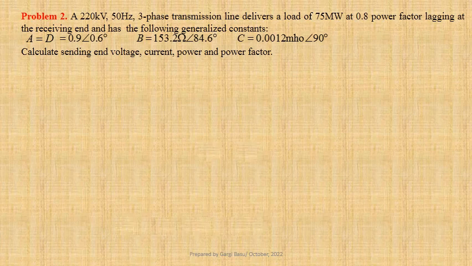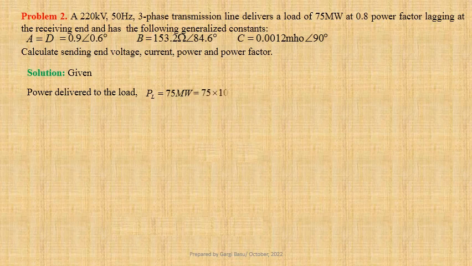Let us first write down the given data. Power delivered to the load PL equals 75 megawatts, that is equal to 75 into 10 to the power 6 watts. Line to line receiving end voltage VR line equals 220 kilovolts, that is equal to 220 into 10 to the power 3 volts.